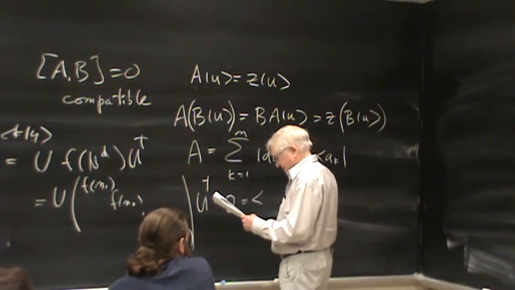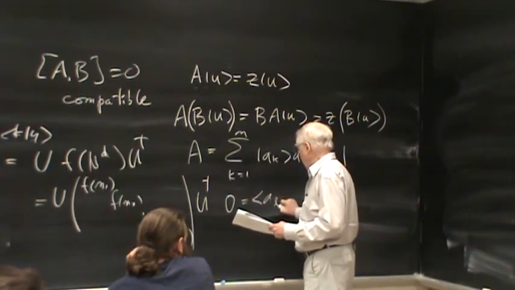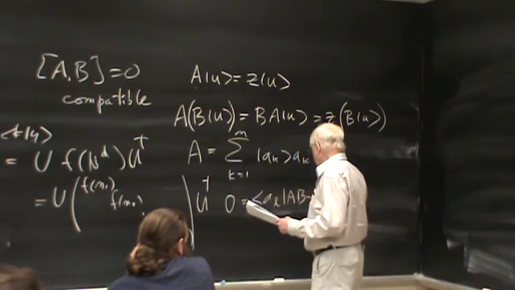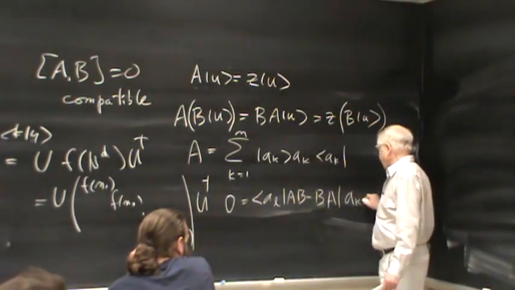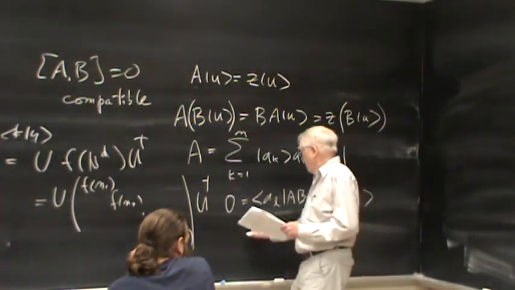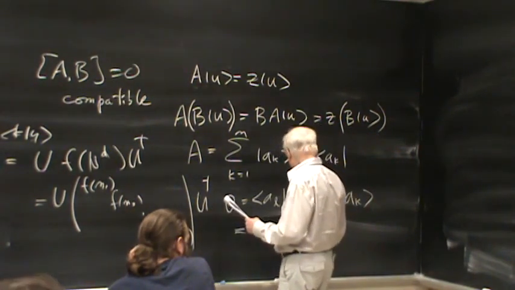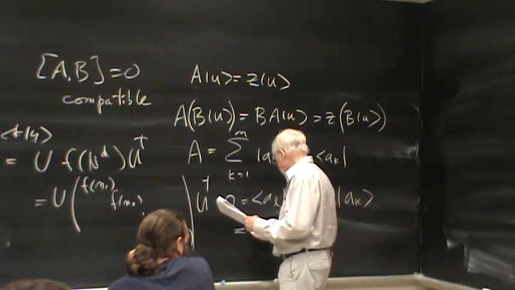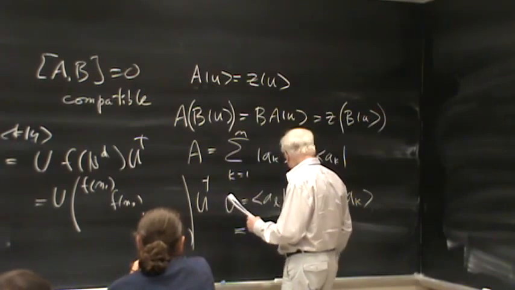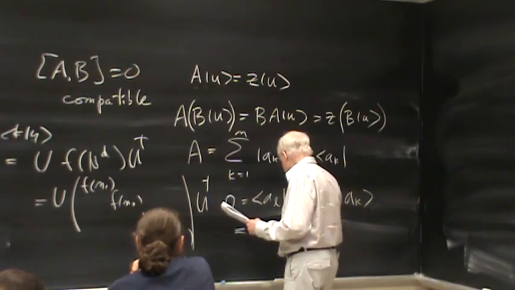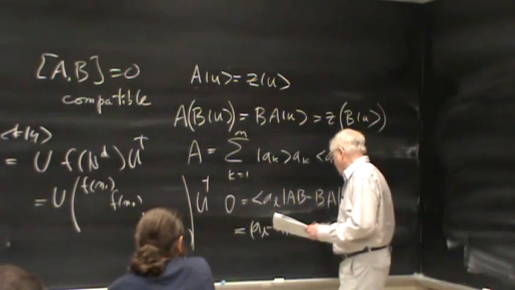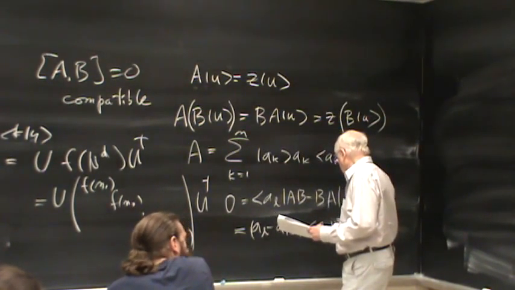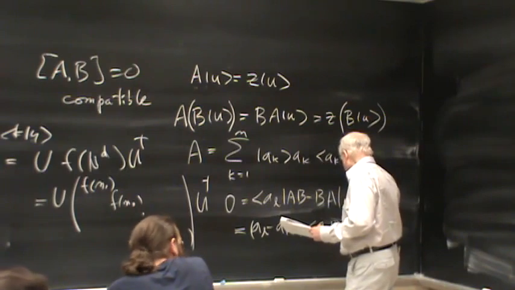So what we have is <A_L|(AB − BA)|A_K>. This would be (A_L − A_K) times <A_L|B|A_K>.